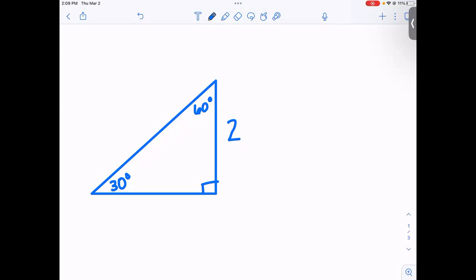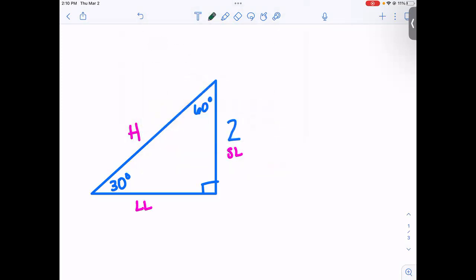Okay, 2 is the measure of what? Short leg. It is not drawn to scale. It's a pretty terrible drawing. But it's across from 30, so it's a short leg. Across from 60 is the long leg, and across from the 90-degree angle is the hypotenuse.